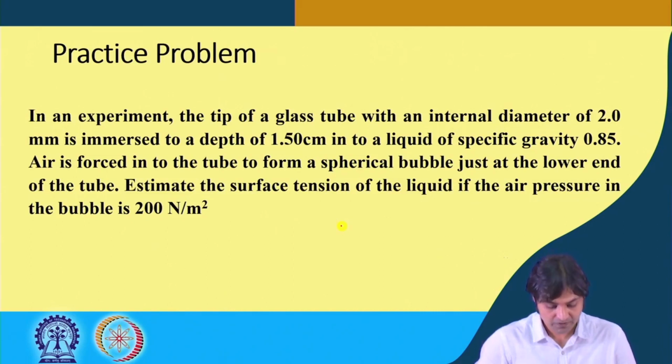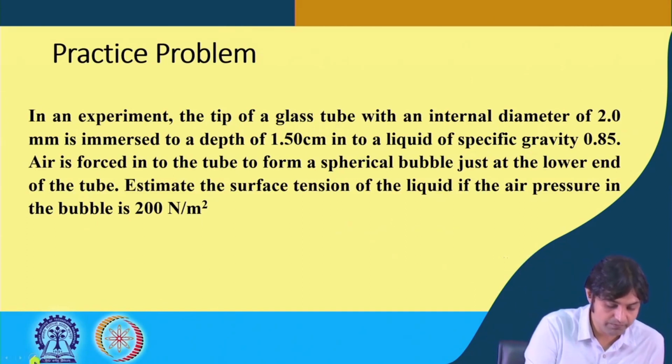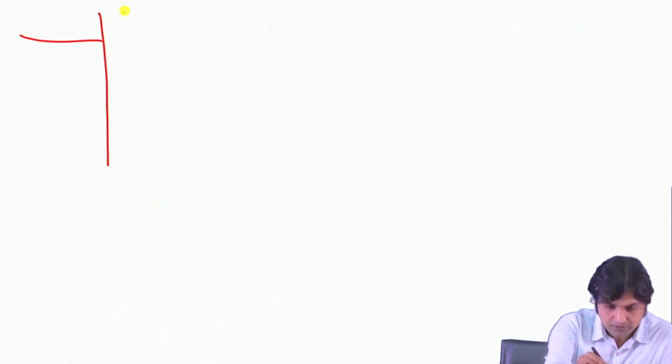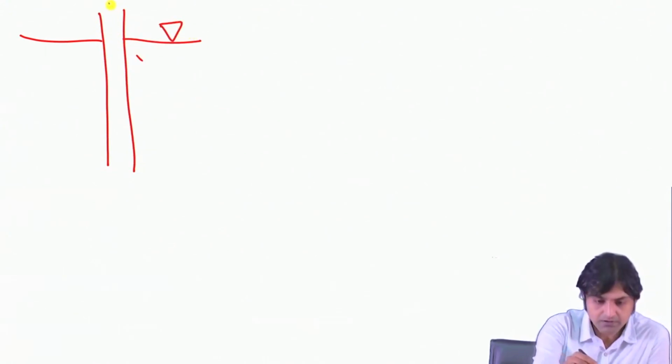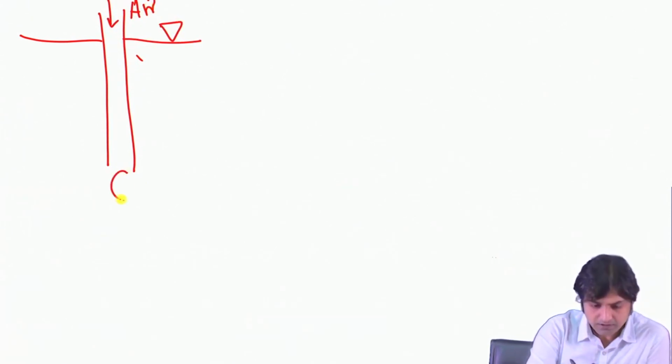First and foremost, we should draw the diagram and mark whatever information is there. So this is water and this is air coming here. This is the bubble.